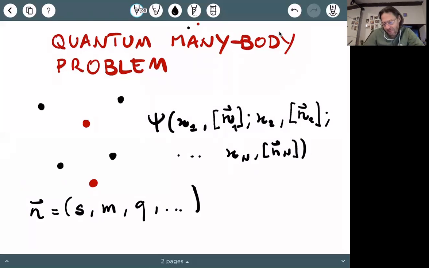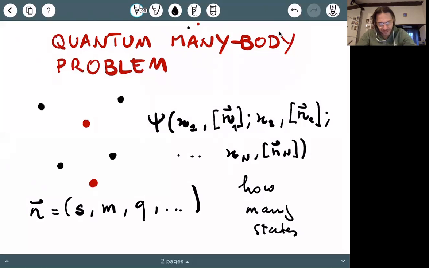Now, clearly, the wave function now contains a large number of entries. And this feature here is a really key point of quantum mechanics. You see how many states there are for a quantum many-body problem.